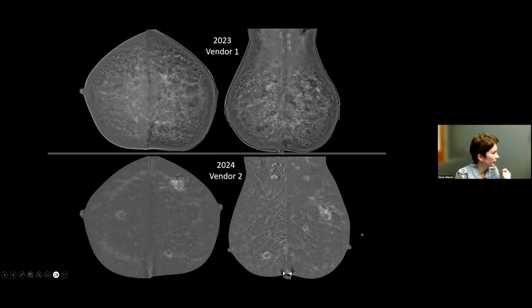What I wanted to point out here is that depending on the reconstruction and subtraction algorithm, different vendors can have a little different appearances of the images. So if you are planning to do, let's say, a 6 months follow-up of your studies, that's something to keep in mind. On the top, there is vendor 1, and on the bottom, it's vendor 2. You can see the difference, and we know that this is a perimenopausal woman, so to some degree, this could be due to a different stage of her menstrual cycle.